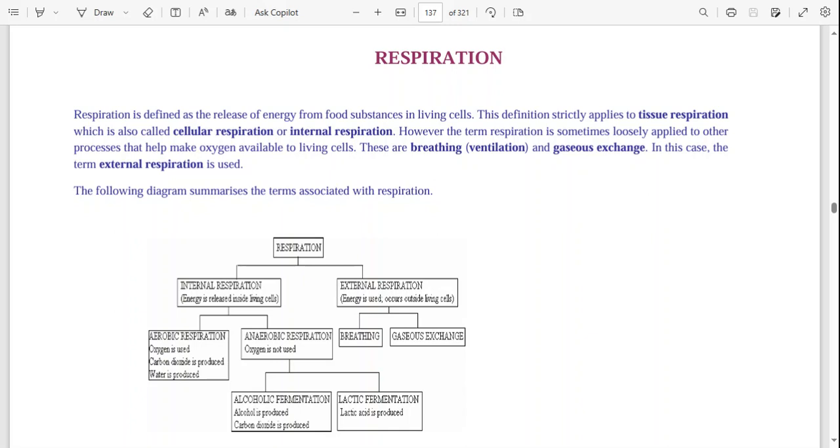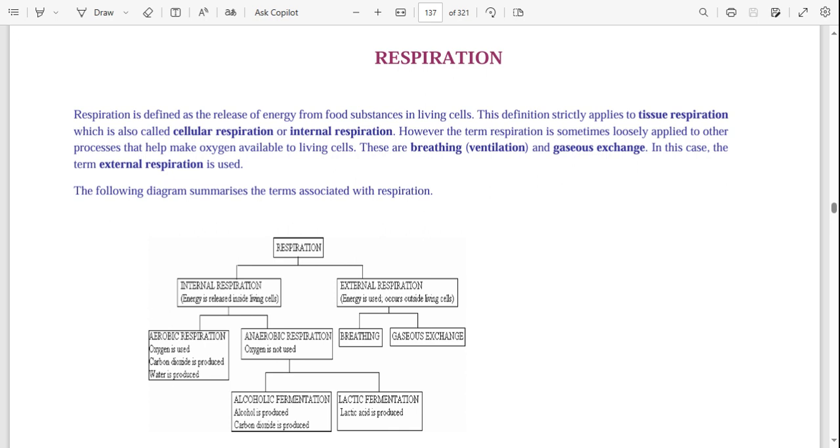There is an exchange when it gets to the cells in our body. Oxygen moves from blood to the cells, and carbon dioxide moves from the cells to the blood. That is known as cellular respiration because there is an exchange at the cellular level, also known as internal respiration.